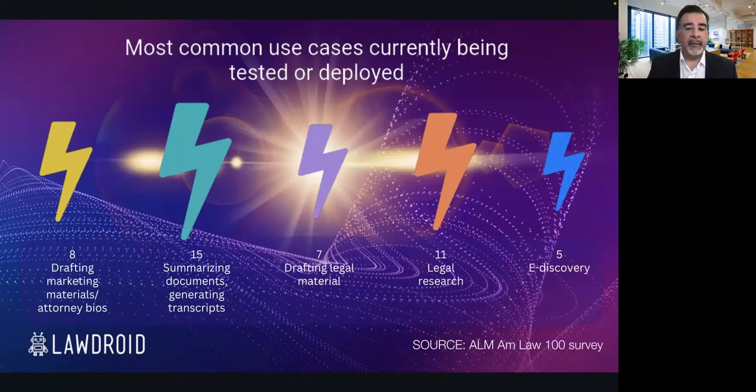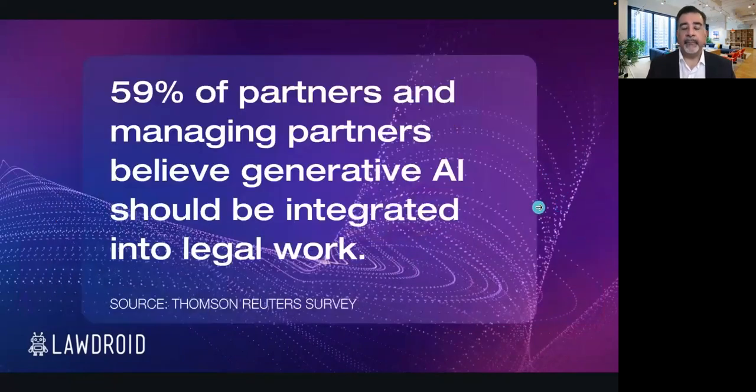And this partner mentioned that it saved them about 160 hours of work that they otherwise would have spent on creating those bios. So a ton of time is money. And then finally, e-discovery. 59% of managing partners believe generative AI should be integrated into legal work.